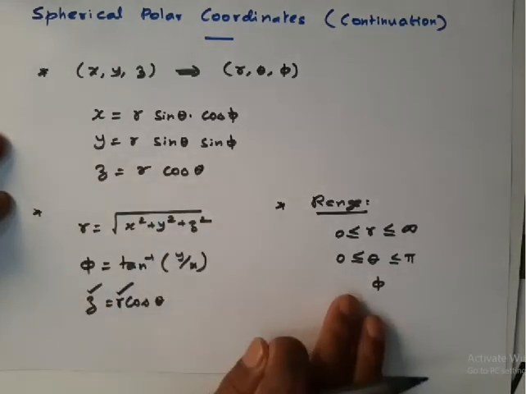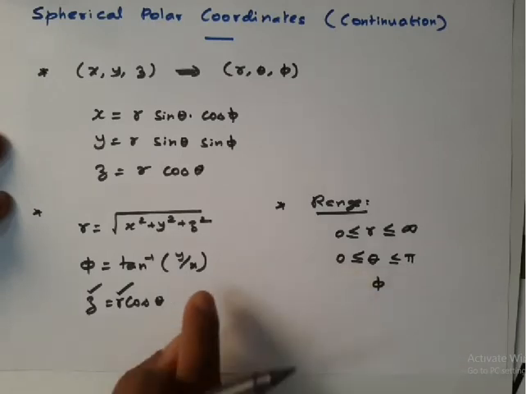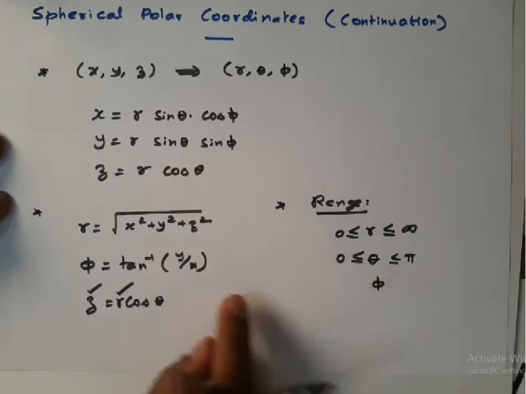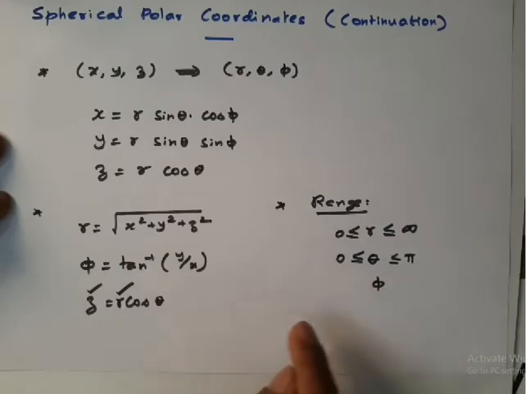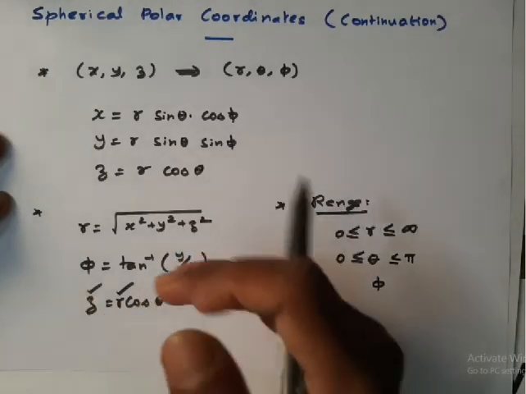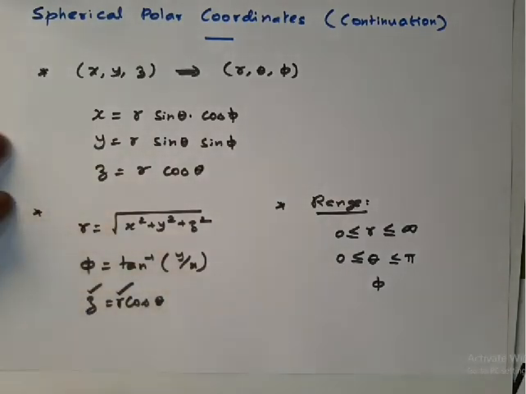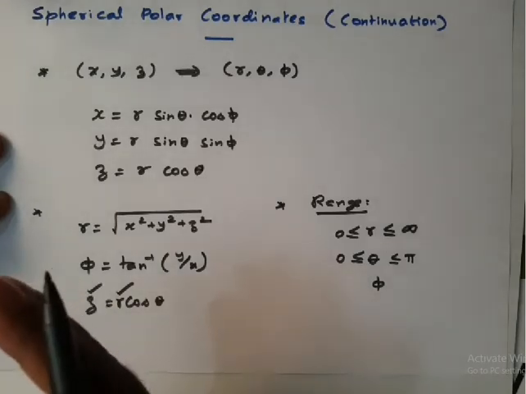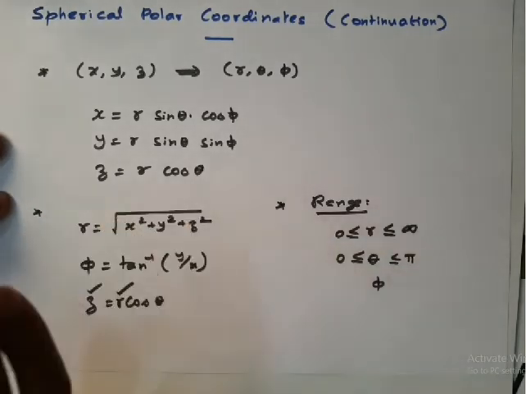If the point is present exactly on the plus x axis, then the angle phi is 0 degrees. As the particle moves in the anti-clockwise direction from plus x to plus y to minus x to minus y, and then again comes to the plus x axis, the phi angle will increase.